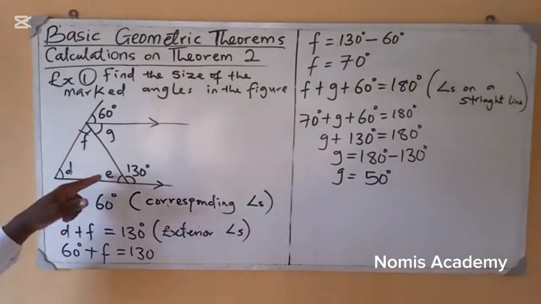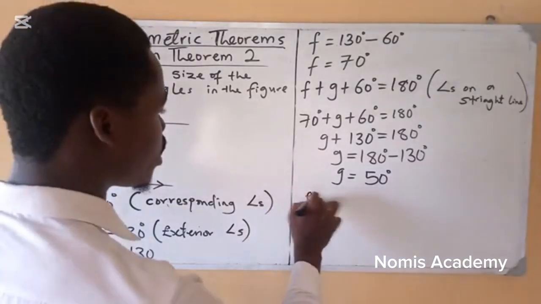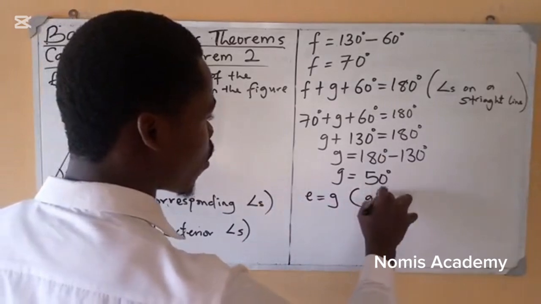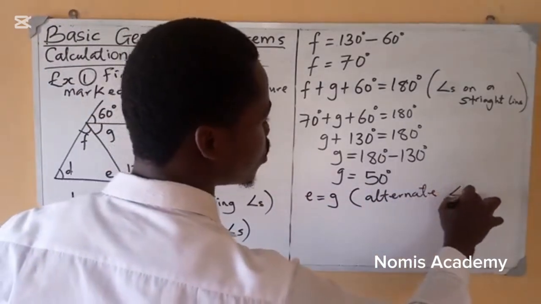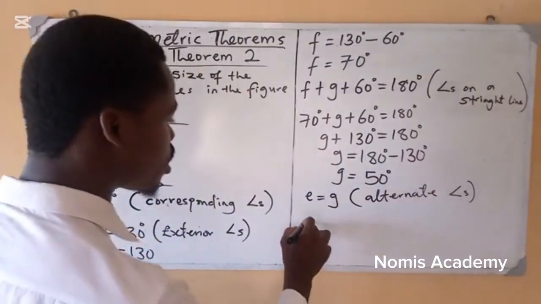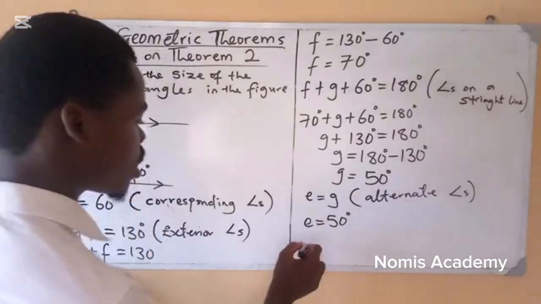So the last one, which is E, as we can see, E is alternate to G. We can write E is equal to G and state the reason: alternate angles. So therefore, G is 50, E is equal to 50 degrees.